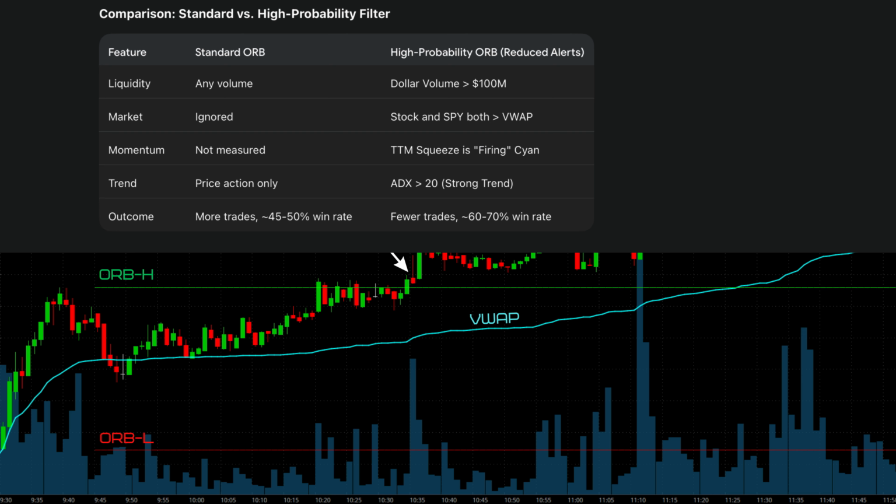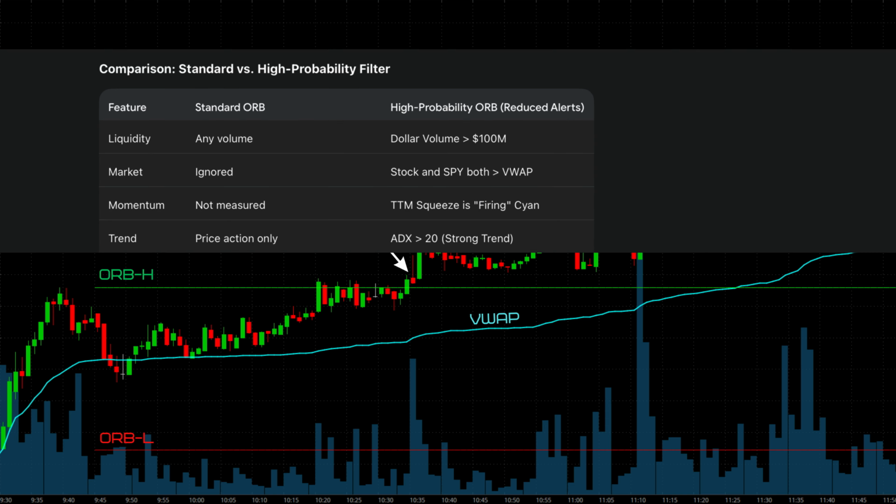Momentum: not measured versus TTM squeeze is firing cyan. Trend: price action only versus ADX greater than 20, strong trend. Outcome: more trades, approximately 45 to 50% win rate, versus fewer trades, approximately 60 to 70% win rate.